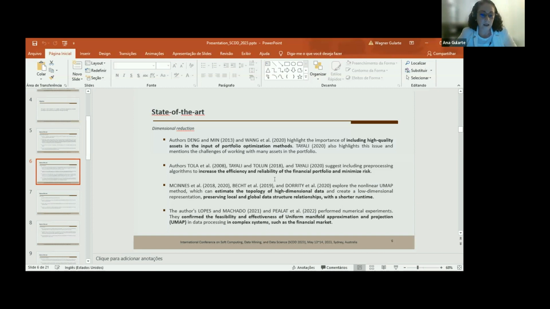The authors Lopes and Machado and Pellet performed numerical experiments. They confirmed the feasibility and effectiveness of UMAP in data processing in complex systems, such as the financial markets.